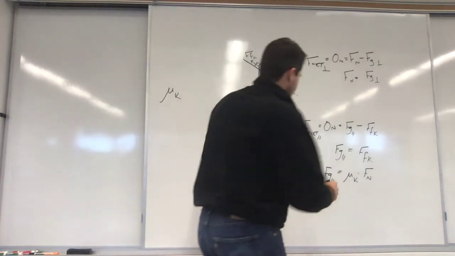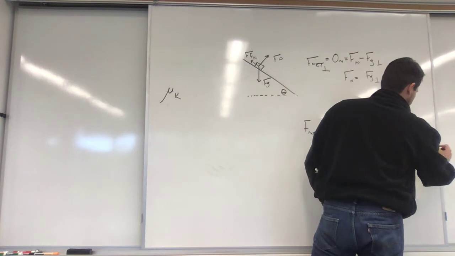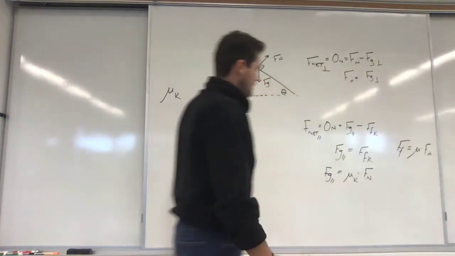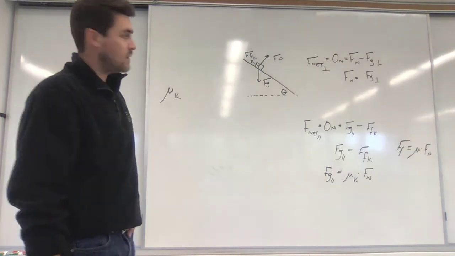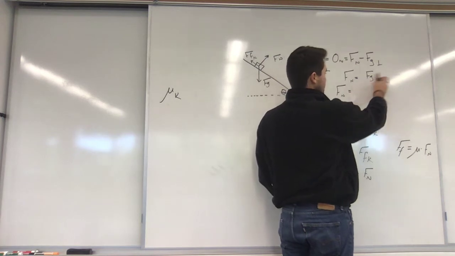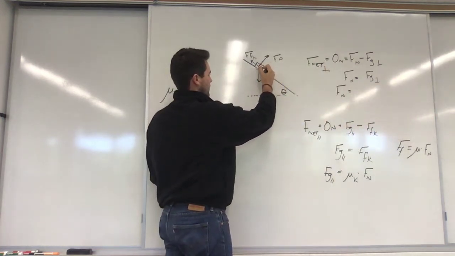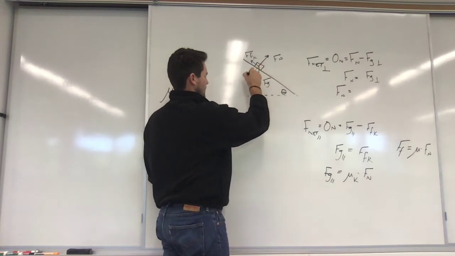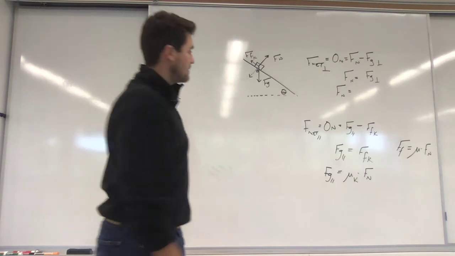How do I know that? I know that because of the fun equation: force of friction equals mu times Fn. Do I know the normal force? I don't, but I do know that the normal force is equal to Fg perpendicular. The perpendicular force is going to be that force right there, cosine.